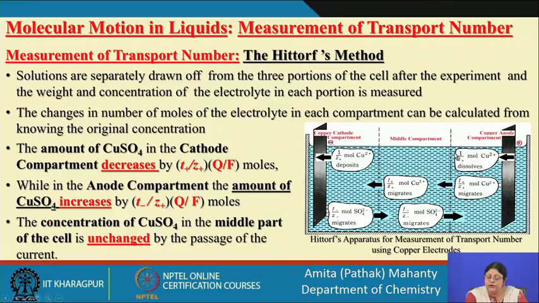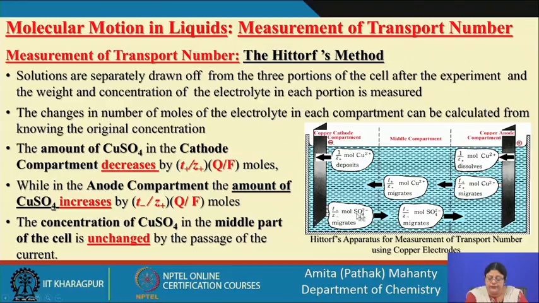This is multiplied by the transference number T plus, divided by the charge of the copper 2 plus ion, into the moles. If Q amount of electricity is passed, to find the change in moles we have to multiply by Q by F. So, we have this for the cathode compartment, and we have this for the anode compartment.